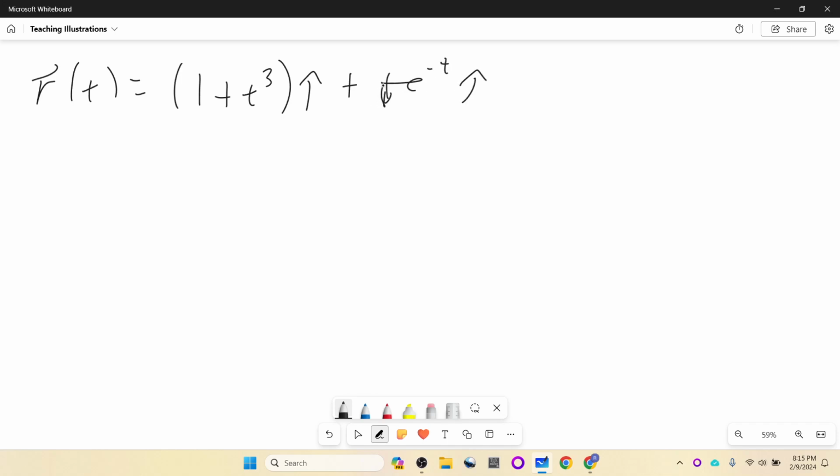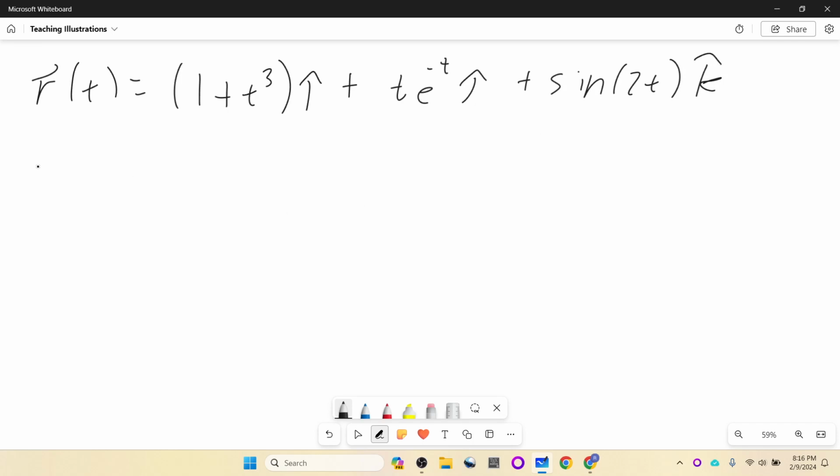So we have r of t equals (1 plus t cubed) i plus te to the minus t j plus sine of 2t k.